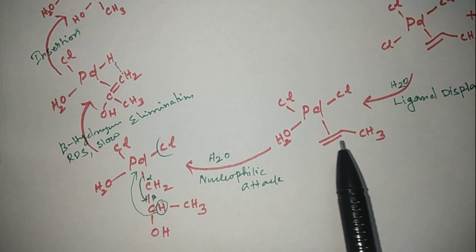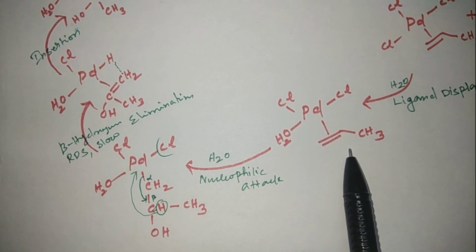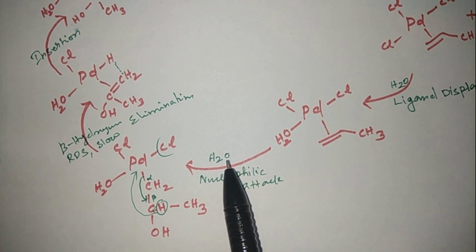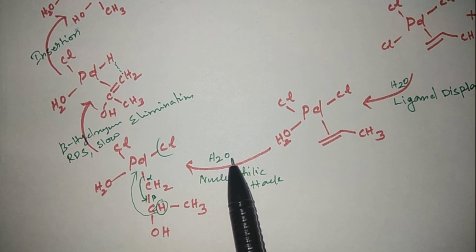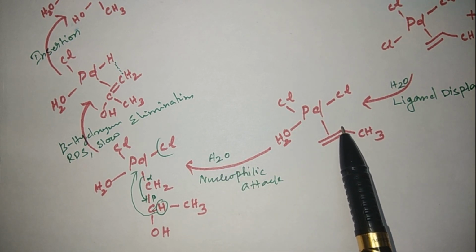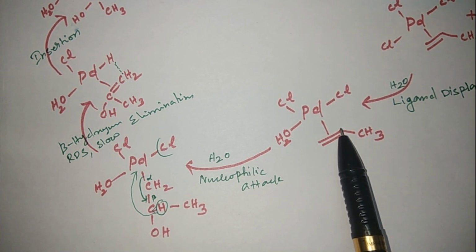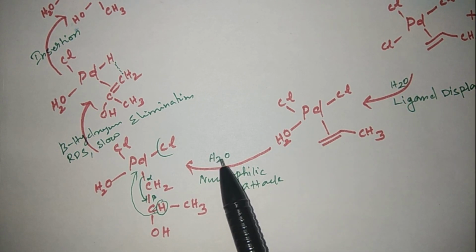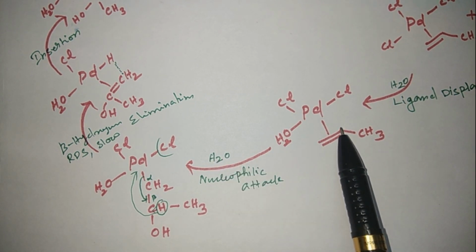To this hydrated alkene palladium complex, a water molecule is added. This water molecule can also act as a nucleophile. This nucleophile can attack this carbon atom. This carbon is a secondary carbon. This carbon is a primary carbon. So this nucleophile will enter into this carbon.